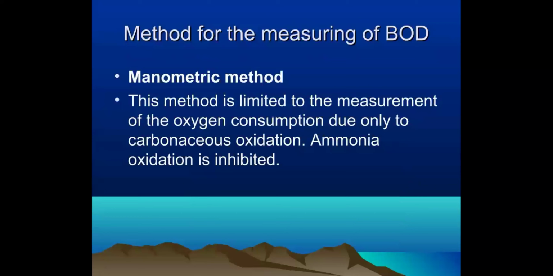The method for measurement of BOD is the manometric measurement method. This method is limited to the measurement of oxygen consumption due only to carbonaceous oxidation. Ammonia oxidation is inhibited.